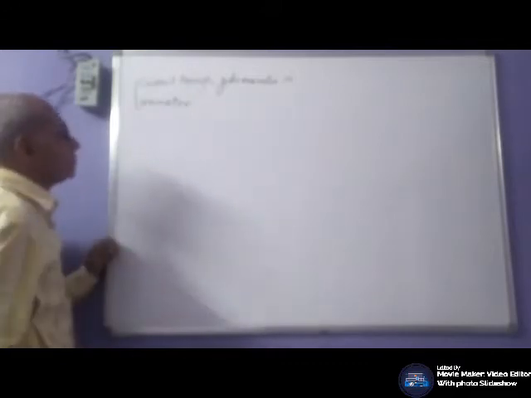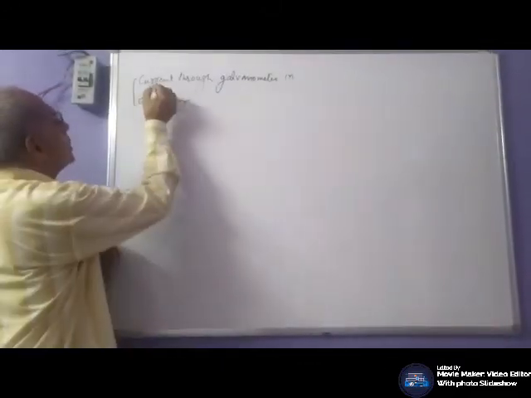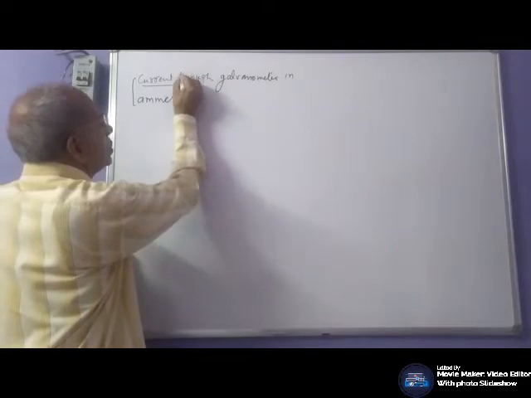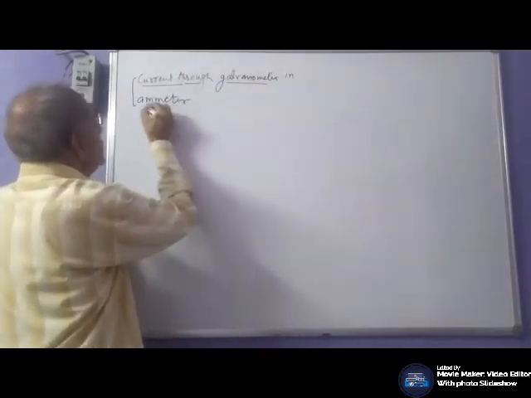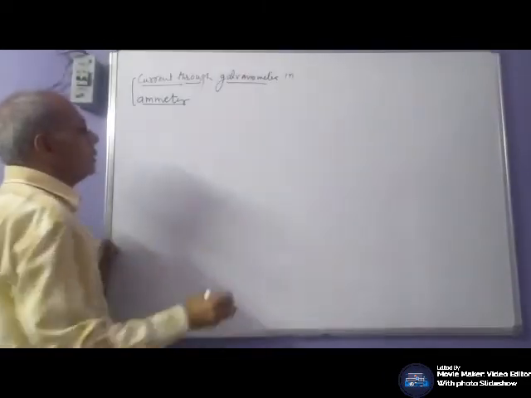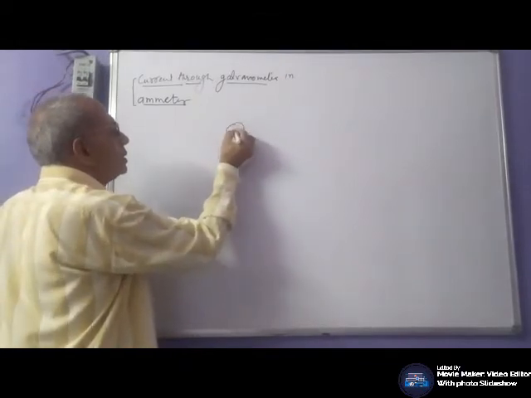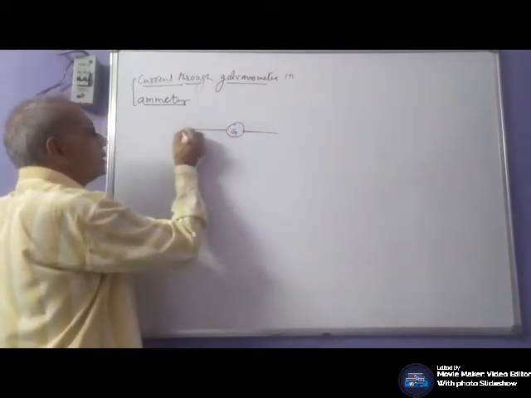This is the question: expression for current through the galvanometer in the ammeter. This is a galvanometer.